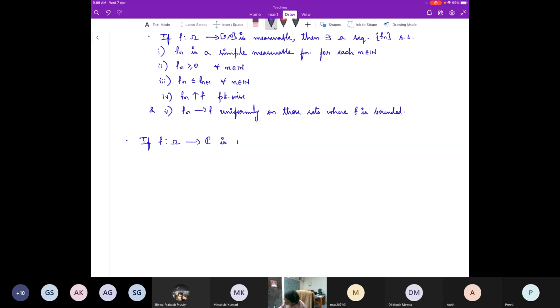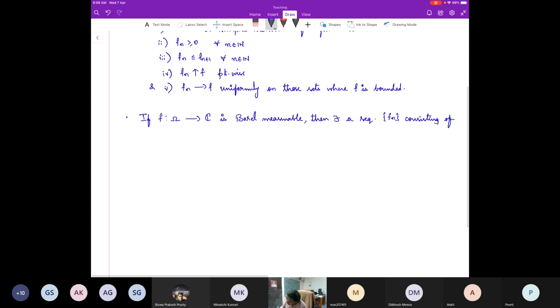If this is Borel measurable, then there exists a sequence Fn consisting of simple measurable functions such that Fn converges to f pointwise.